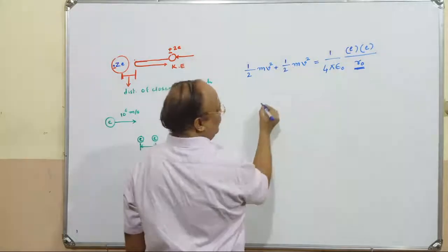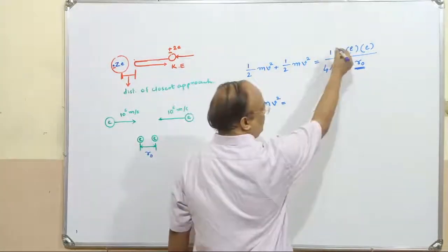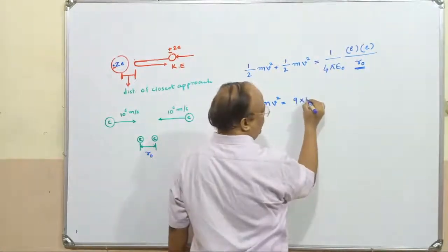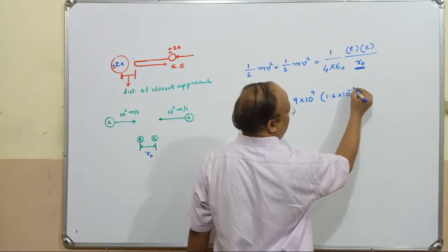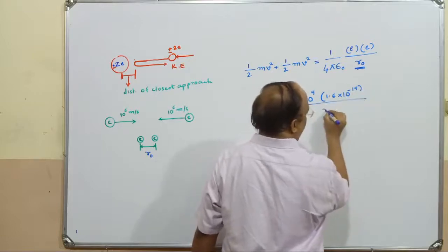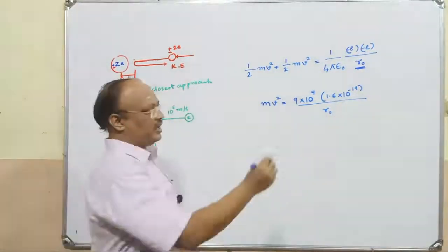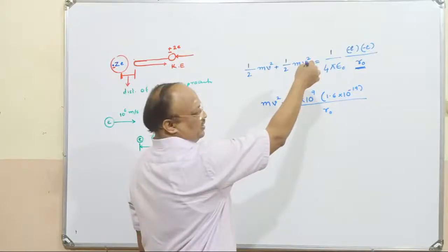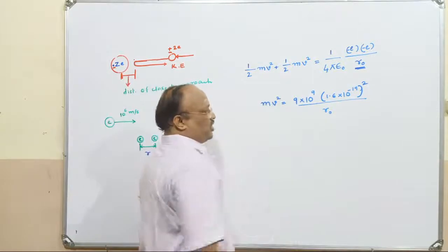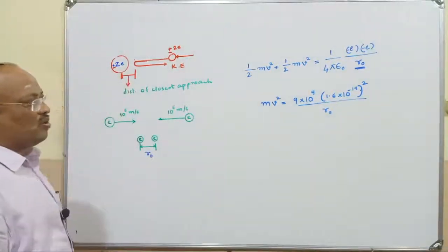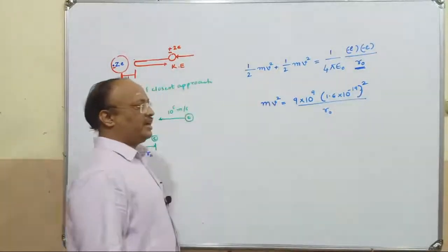Half mv square plus half mv square is mv square, whereas this is 9 into 10 to the power of 9, into 1.6 into 10 to the power of minus 19 whole square, since potential is a scalar quantity and the minus sign becomes whole square. So the mass of the electron, and velocity of the electron is 10 to the power of 6 whole square.